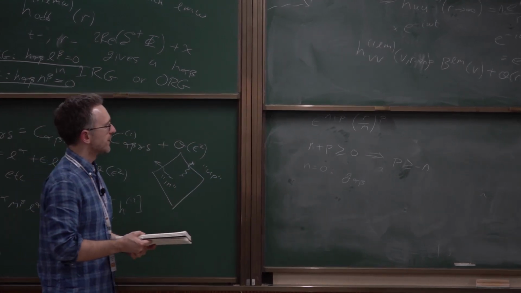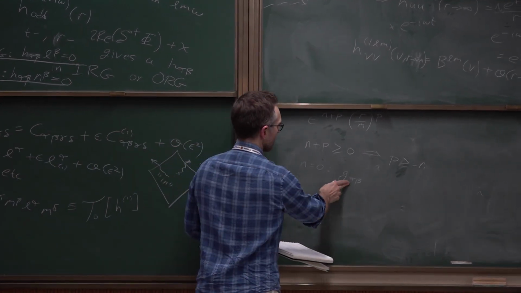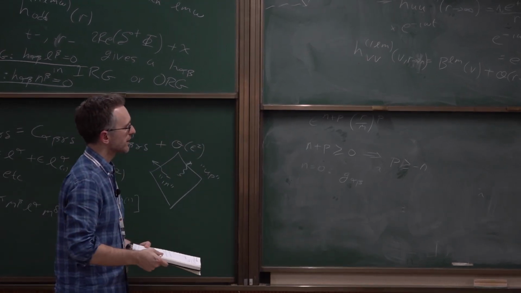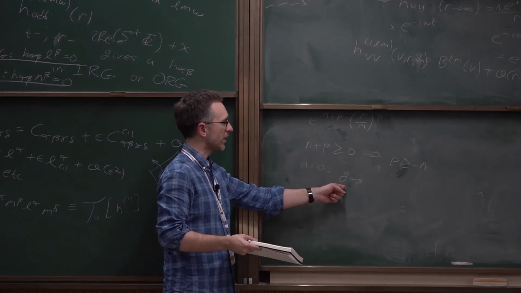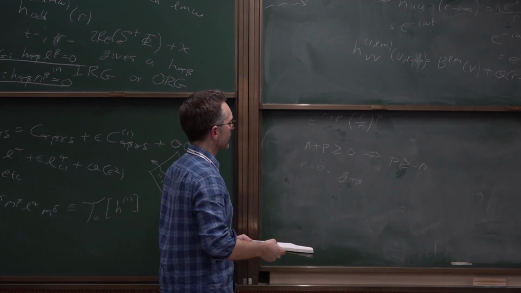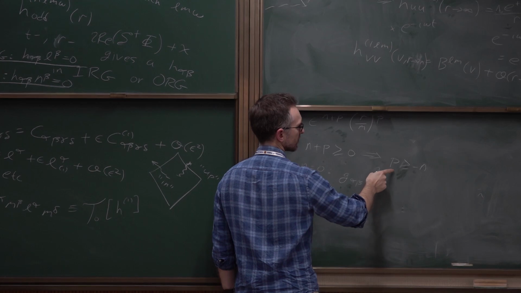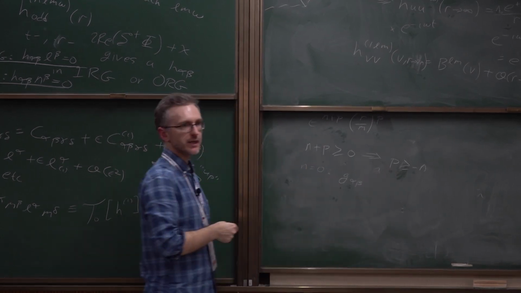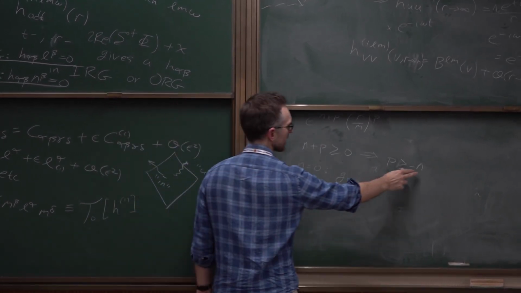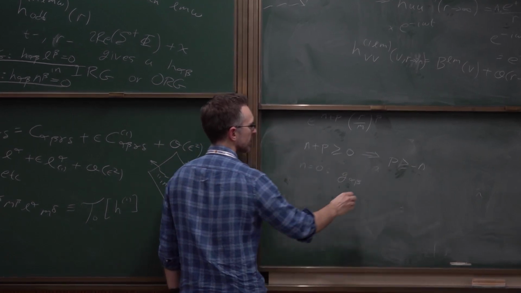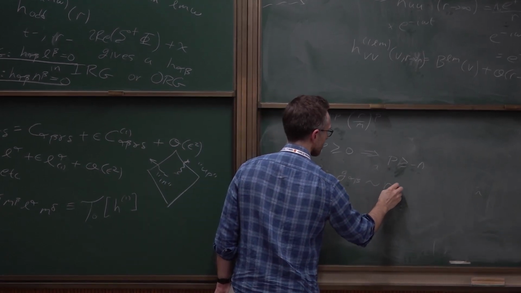Okay, yes, thanks. So this is the background, and this is saying if we expand this for small r, then we cannot have any negative powers, so any negative values of p. So if n is 0, p has to be bigger than or equal to 0. So this has to start at order r to the 0.